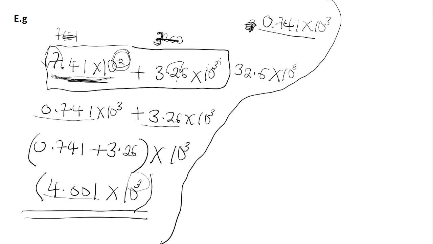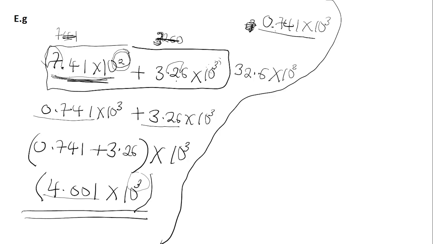Anyone with a calculator to give us the value for this number? It's giving 40.01. So 40.01 times 10 to the power 2. Now, guys, if you look at this number, does it obey our rule? The first rule that we said, does it obey?